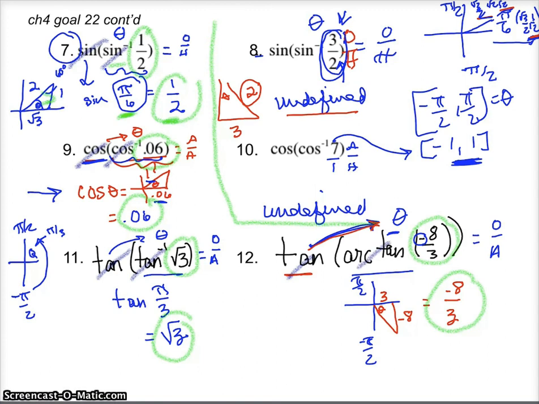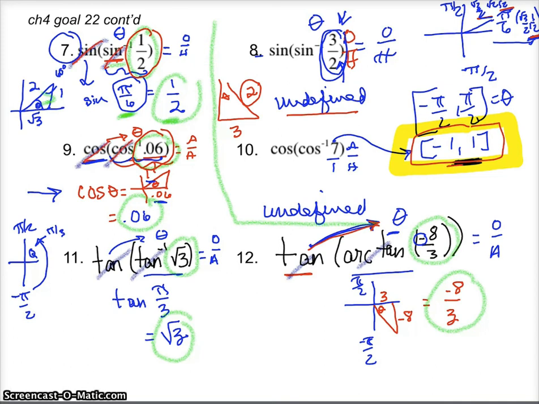It all goes back to the domain for inverse sine and cosine, which is -1 to 1. So our new cancellation laws: if the inverse is on the inside of the composite function, and the value we are taking the inverse of is between -1 and 1 for inverse sine and cosine, then the functions will cancel.